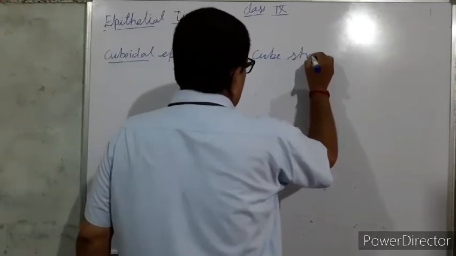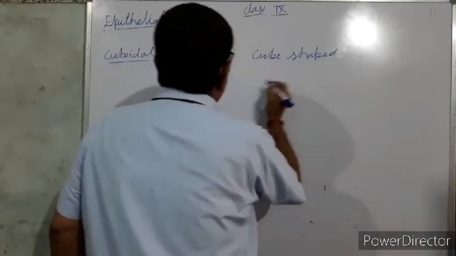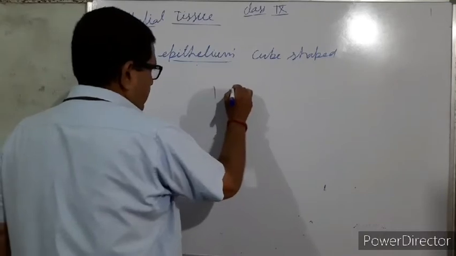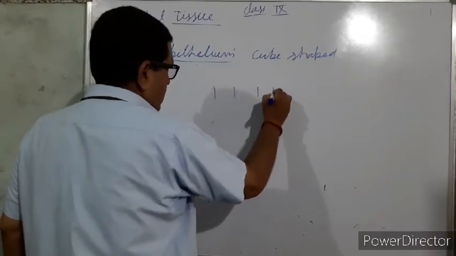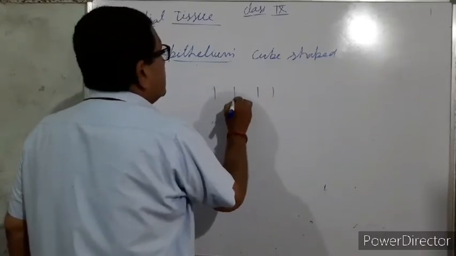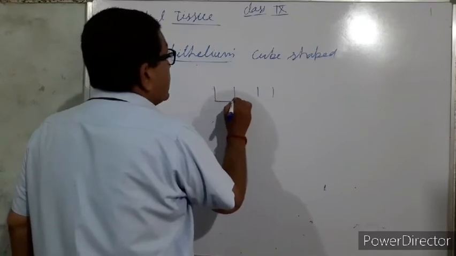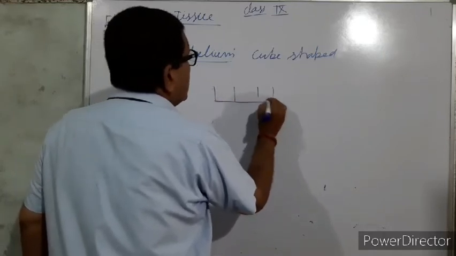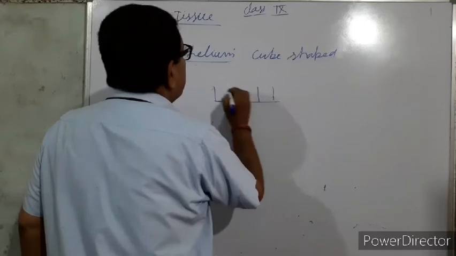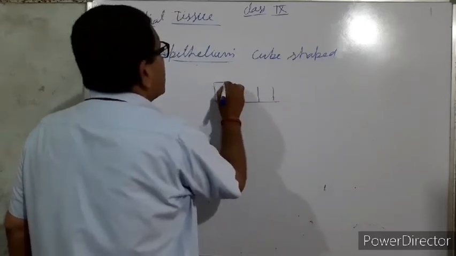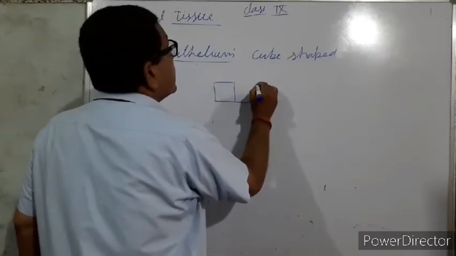Just like you see in the diagram, cells are just like a cube. This is the basement membrane, and cells are just like a cube.